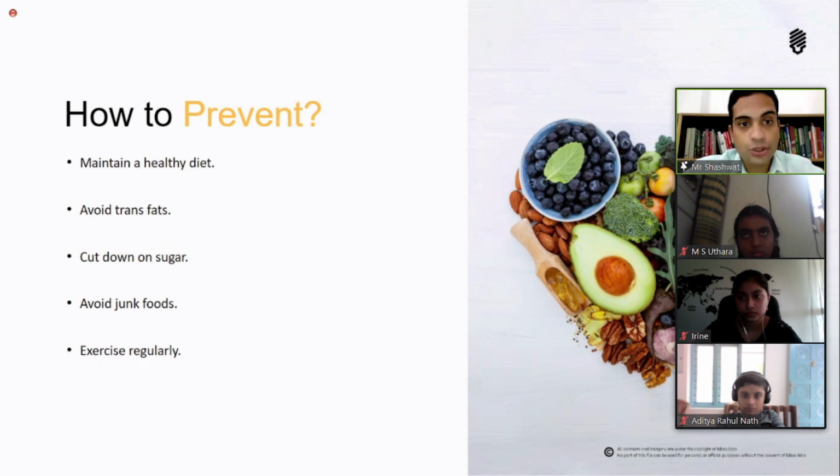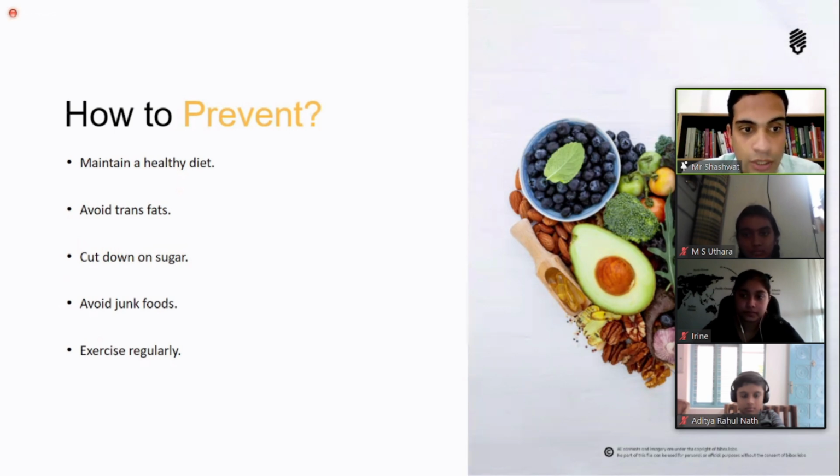The first thing is to consume a healthy diet and avoid trans fats, something like Kentucky Fried Chicken, or whatever your food chains, Burger Kings, cookies, anything which has excess trans fats is to be avoided.